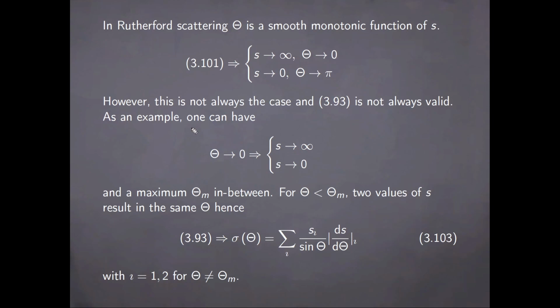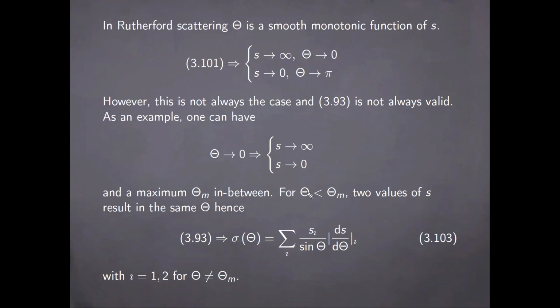As an example, one can have a situation where the scattering angle goes to 0 both for infinitely large and for a vanishing impact parameter, and then the function has a maximum value in between.